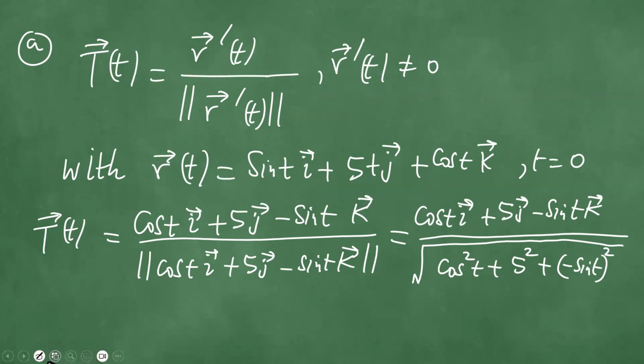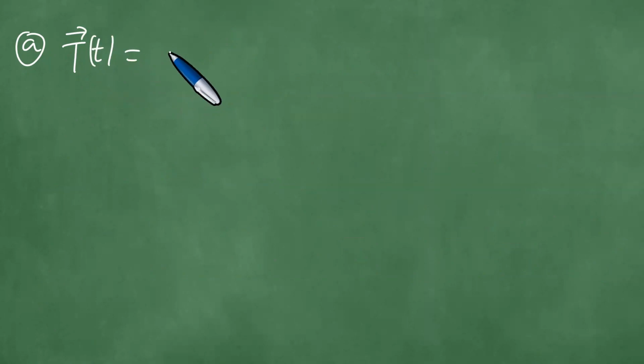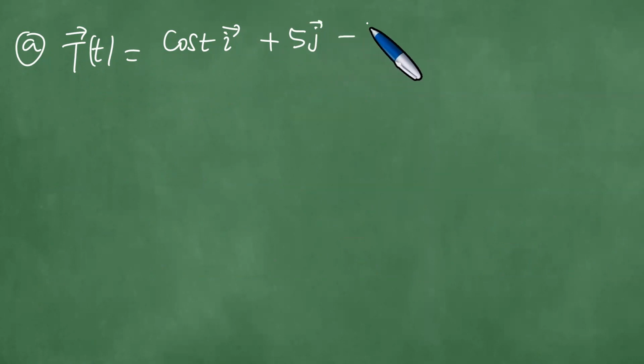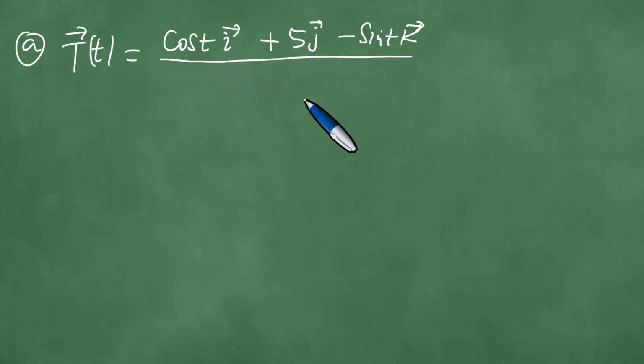What do we get? So it then means that for the part A, still we are finishing, the vector T of t is exactly the same as cosine t i plus 5j minus the sine of t k divided by.